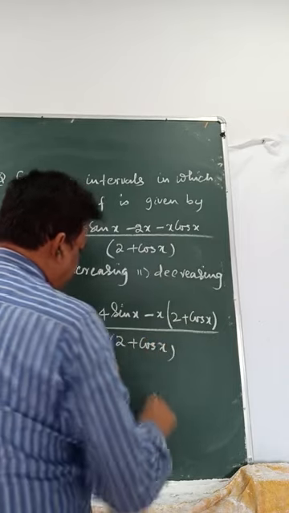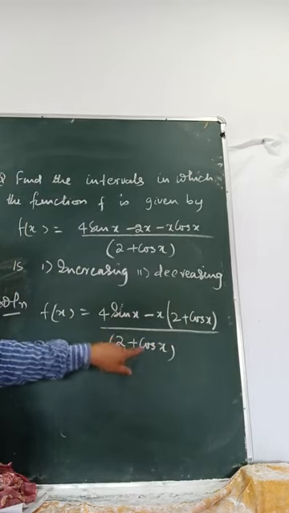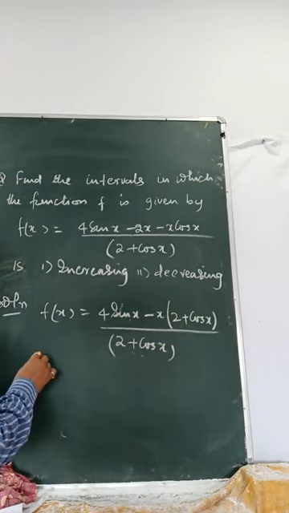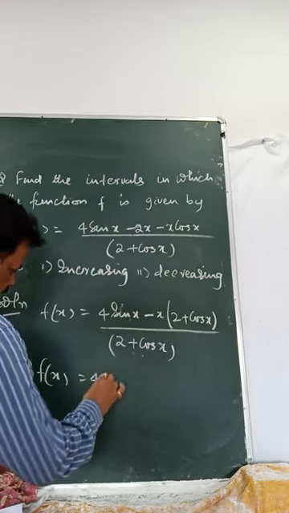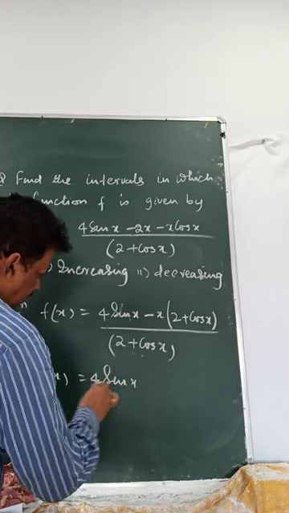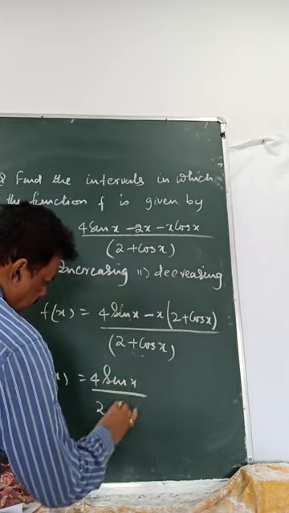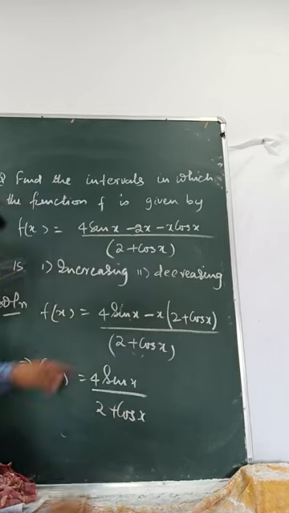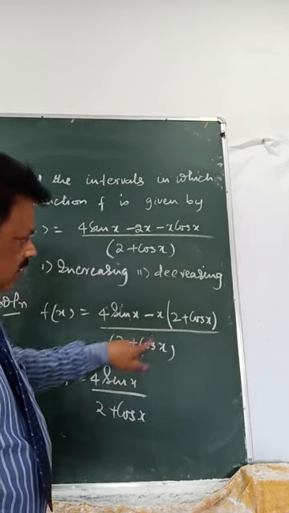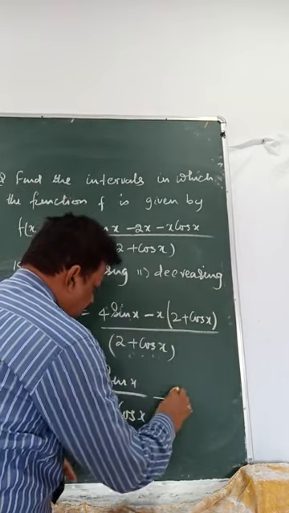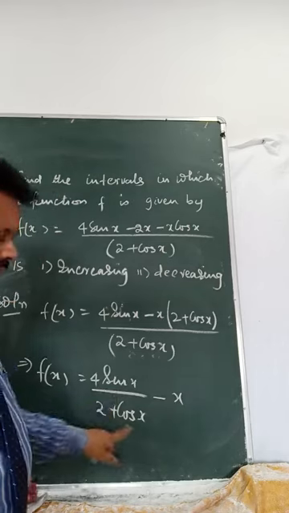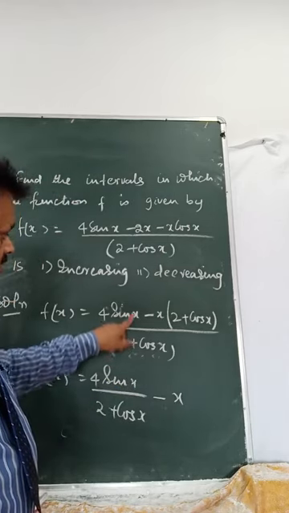So let's simplify it. Now divide it. So f(x) equals 4 sin x by 2 plus cos x minus x. If you divide here, this will be cancelled and it will remain x. So this is much easier to find the derivative in comparison to the earlier form.